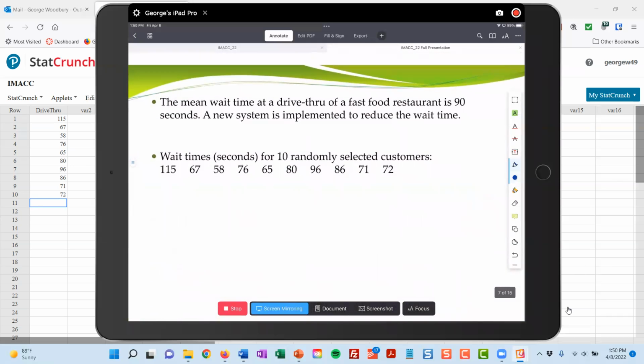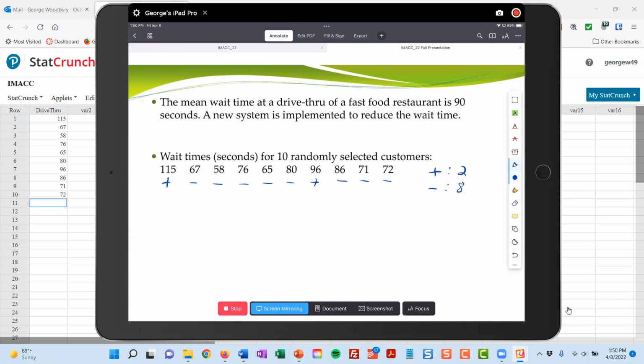Bringing the data back up, again we're comparing this to 90. 115 is above 90, so that would be a plus sign. The only other value above 90 in this problem is the 96. All the others are below 90, so they would get minus signs. So we have 2 plus signs and 8 negative signs.